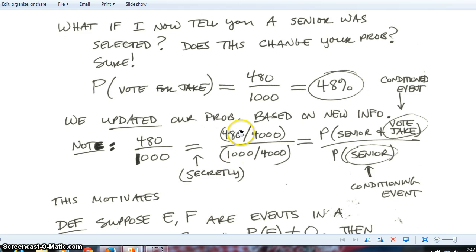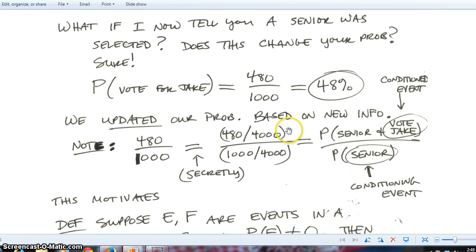Well, what's 480 out of 4,000? That's the probability that somebody's a senior who votes for Jake. In other words, they're a senior and they vote for Jake. The 1,000 out of 4,000, that's the probability that I select somebody who's just a senior. In other words, if I tell you they're a senior, the probability that they vote for Jake now is the probability that they're a senior and they vote for Jake divided by the probability they're a senior.